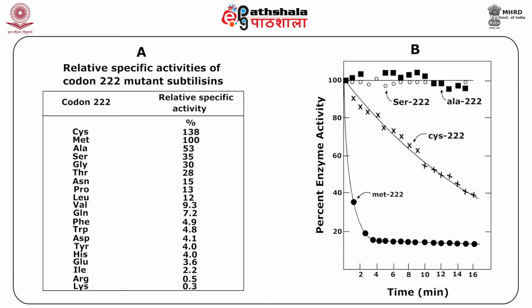So it retains whatever activity it had; it is not inactivating the enzyme. So this is the relative specific activity of subtilisin and its various mutants in the presence of bleach. Replacing methionine with alanine helped the enzyme function in the presence of bleach. So this is how the protein engineering field has helped in this particular area.